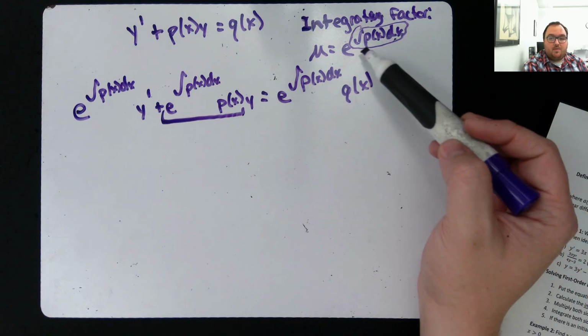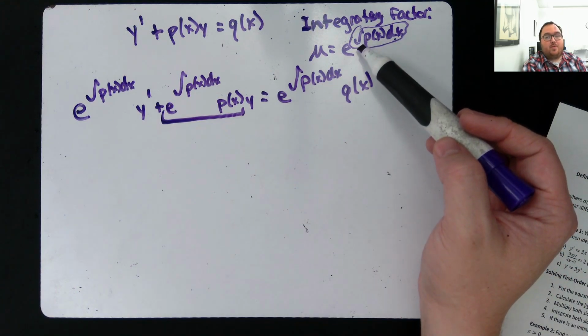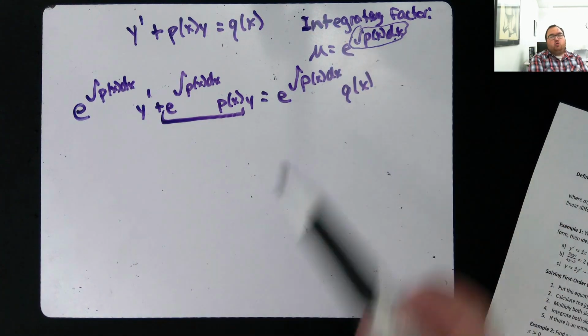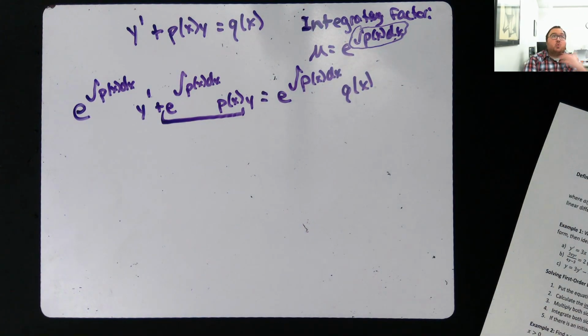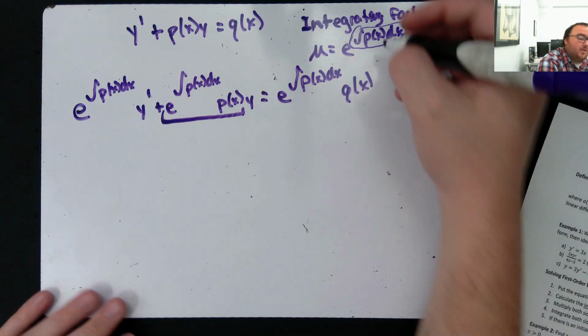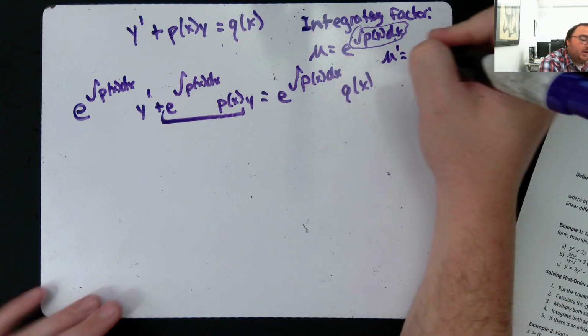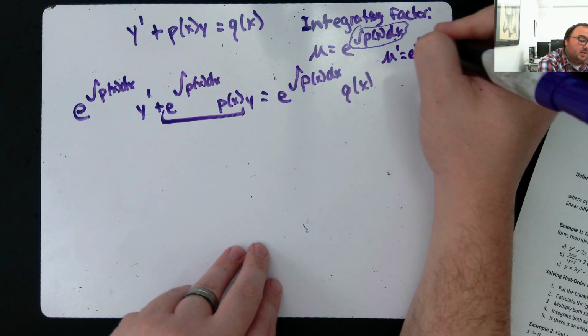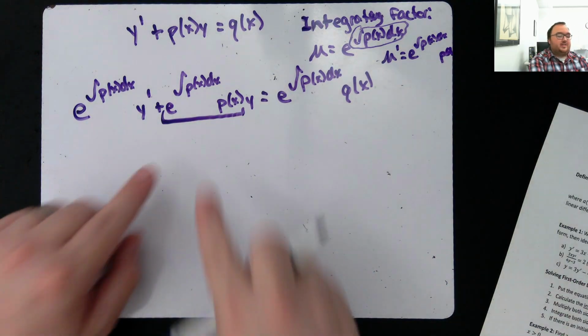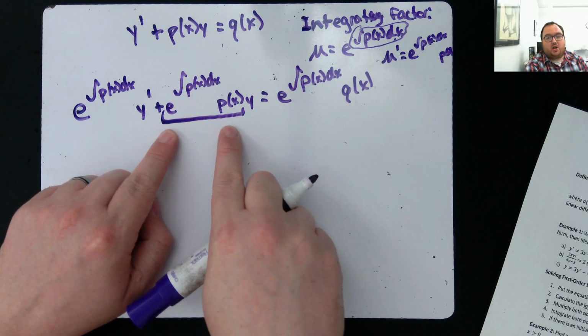Well, the derivative of this is like taking the derivative of an antiderivative, which cancels out. So if I was taking the derivative, it would be e to that stuff times just p of x, which is exactly what this is right here.